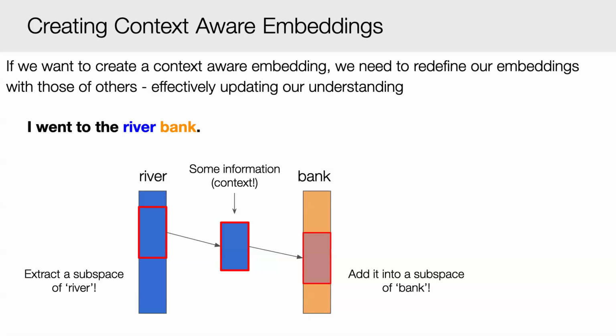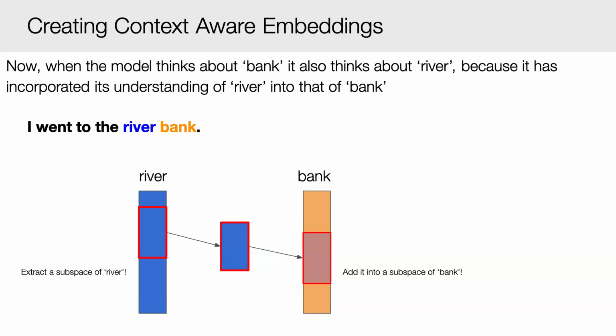It now has understanding from the concept of river also. Does this make sense? Now when our model thinks about the idea of bank, intuitively it's also going to think about this concept of river, because we've ingrained it within the subspace of bank.